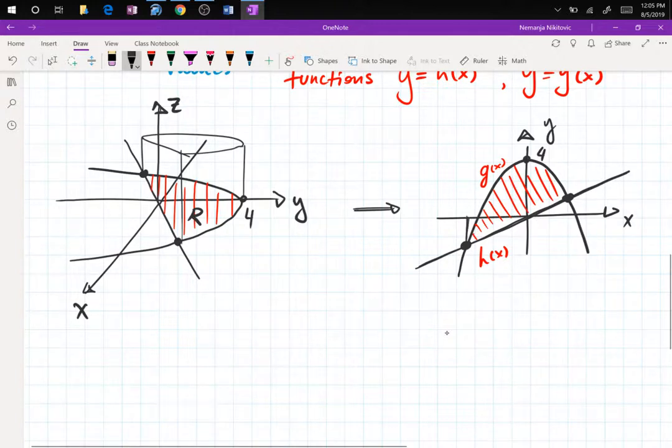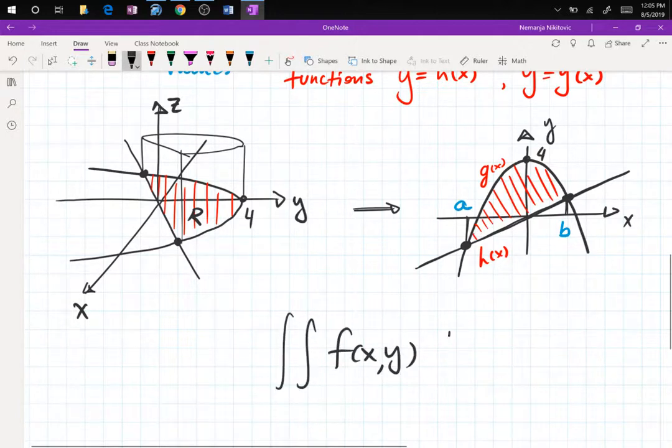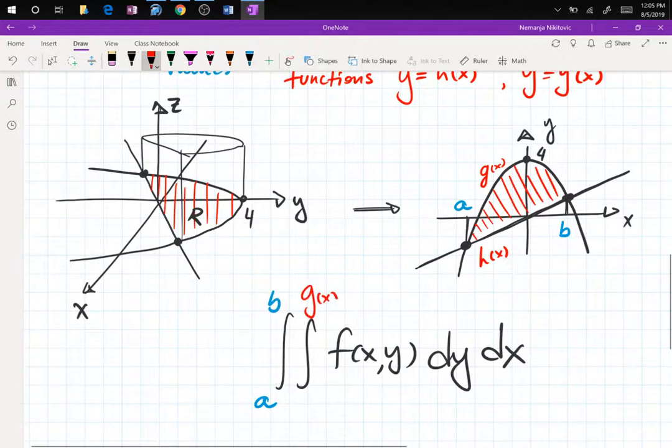Those intersections give you a and b. So now when I set up my integral of whatever unknown function we have, dy dx, I have my a and b, and I have my upper function g, lower function h.